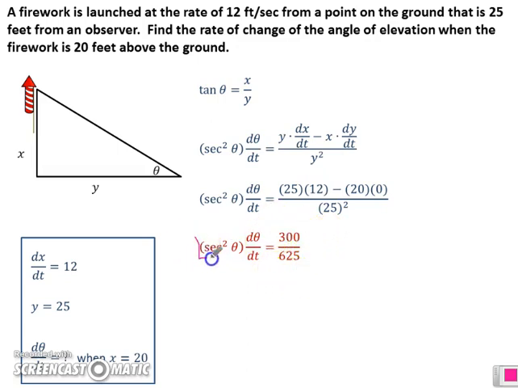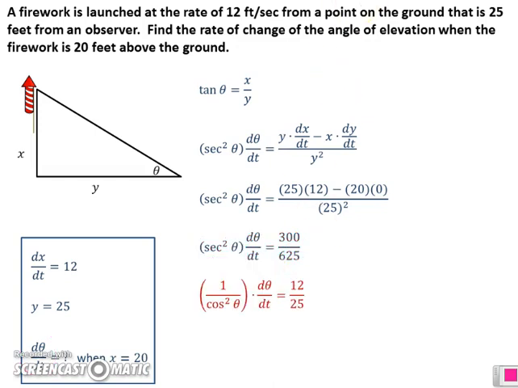So let's talk about this for a minute. We need to figure out what that angle is. We also need to get it to the other side because the question, remember, is asking what is the derivative of the angle. So we have that over here. We would need to either divide by secant squared, so it ends up in the denominator here, and then you end up with a complex fraction now.